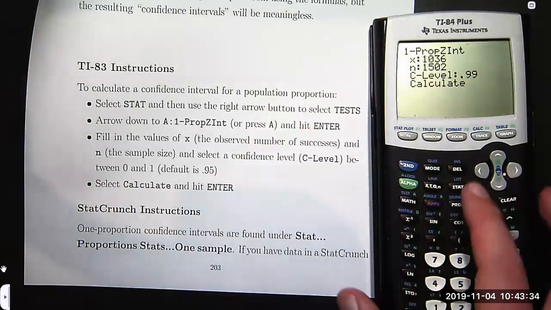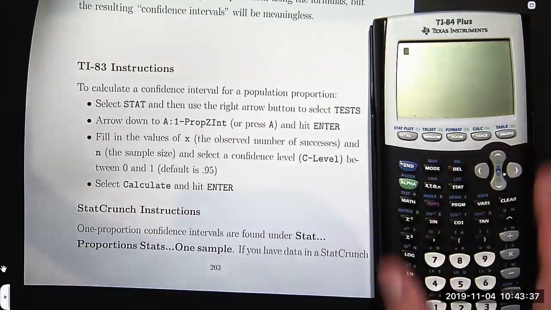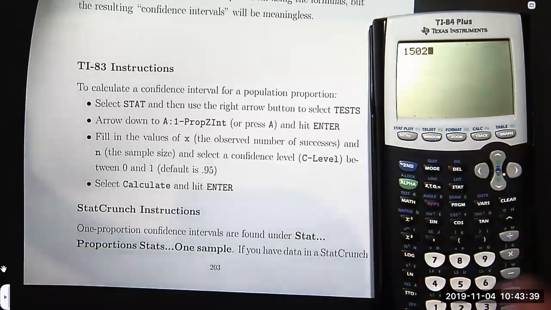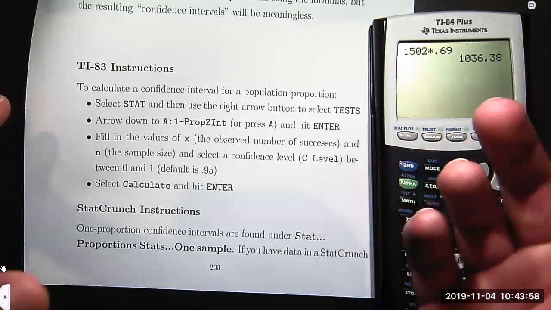And all you would do is 1502 times 0.69. And that gives you the how many. So 69% of that sample said that they didn't want Roe versus Wade overturned. And then you want to put a whole number in.